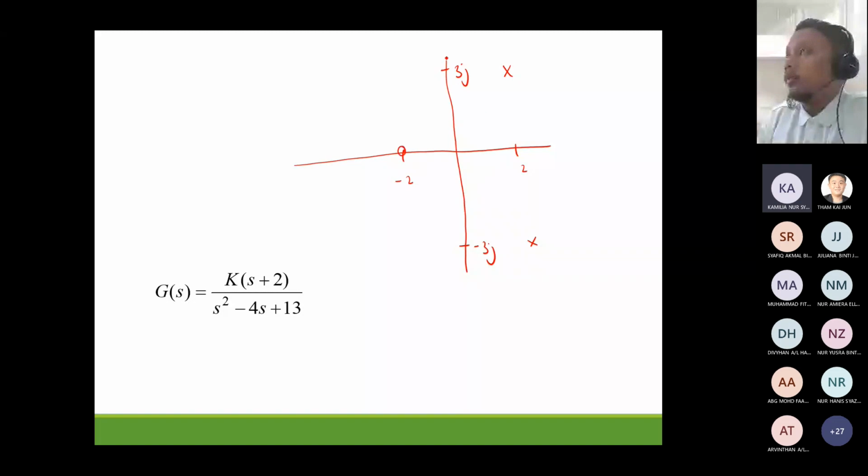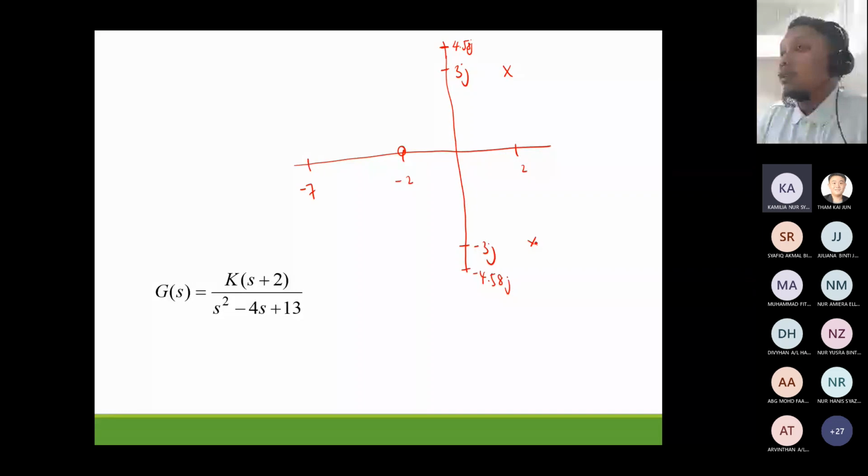Okay, so we have the j omega axis crossing somewhere here. The question doesn't ask you to find the asymptote, so it's okay. But usually in the exam, you will need to find everything. Okay, so we have all of the things here, and then we have the break-in point here, minus 7.